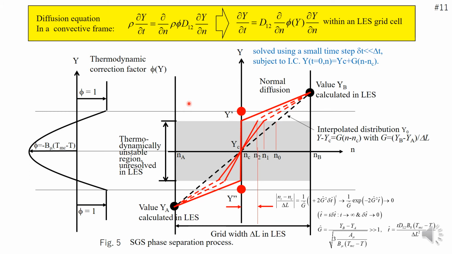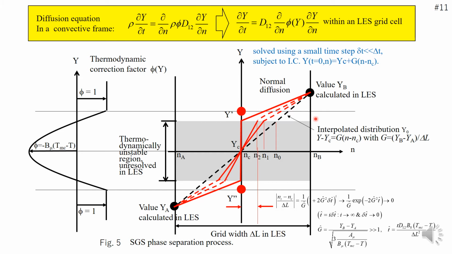In fact, LES is advantageous in the use of large grid widths. Let us consider the concentration change calculated at two neighboring grid points in the current LES. The two solid circles in this figure are the concentration values YA and YB evaluated at some instant.